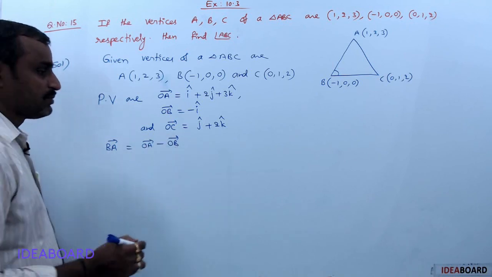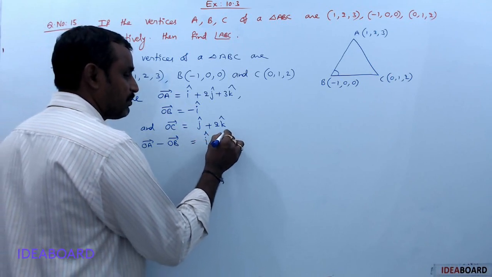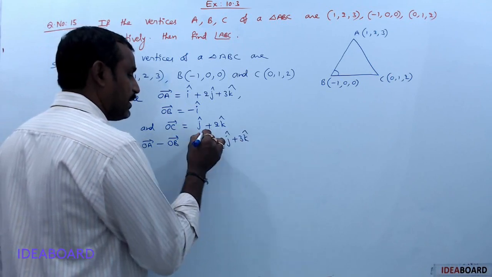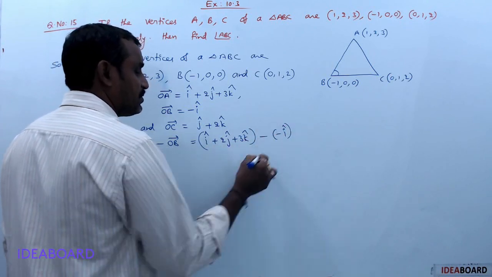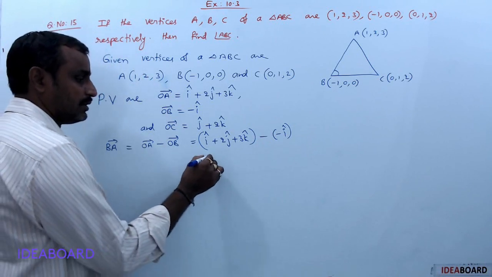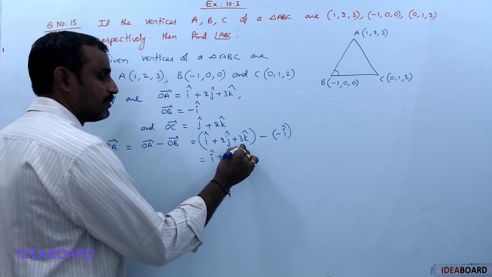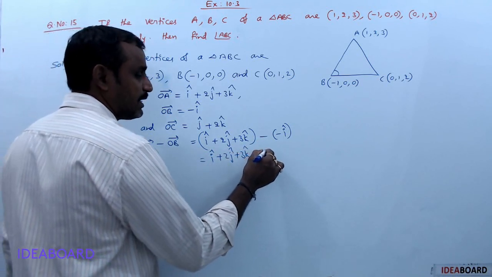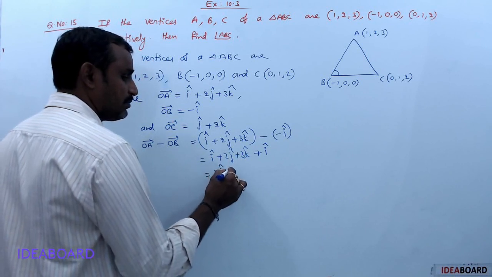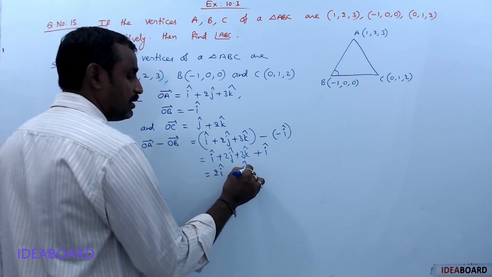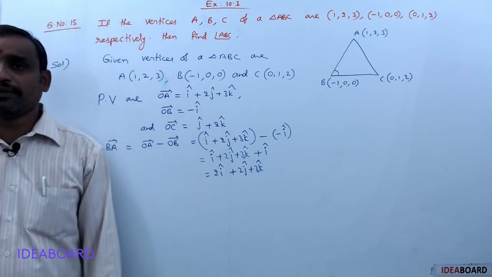That is i cap plus 2j cap plus 3k cap minus minus i cap. Simplify: minus of minus is plus i cap, so the value becomes 2i cap plus 2j cap plus 3k cap. This is the BA bar vector.